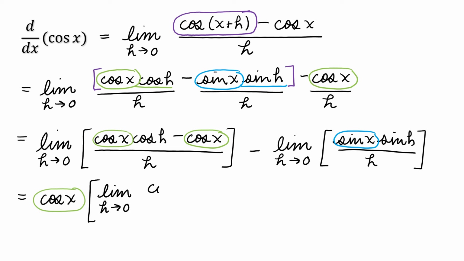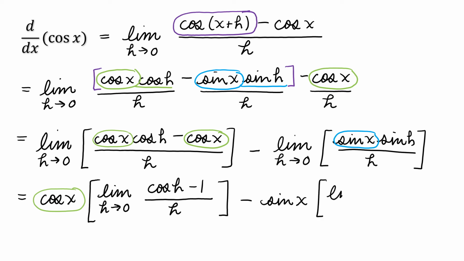And then I'm left with cosine of h minus 1 over h, minus sine of x times the limit as h approaches 0 of sine of h over h.